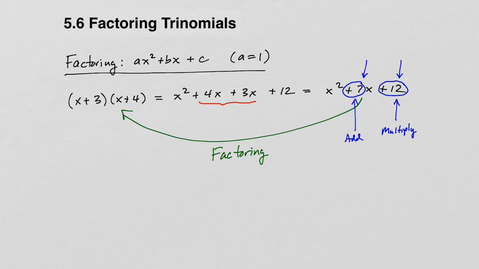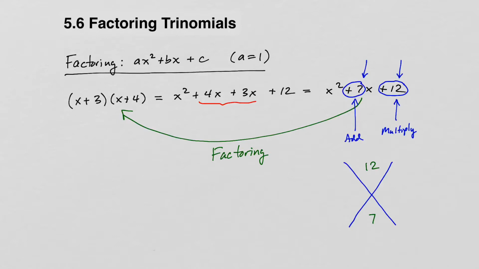And so what I like to do here is just make a little x. This is sort of our magic x. And I'm going to put those two numbers, positive 12 on top and positive 7 in the bottom. And we are searching for two numbers that multiply to give us 12 and add to give us 7.